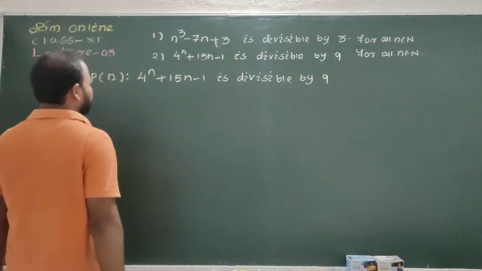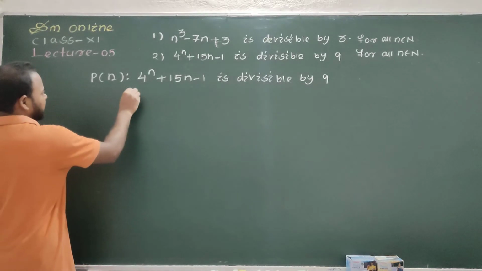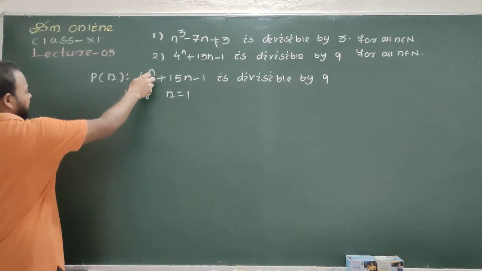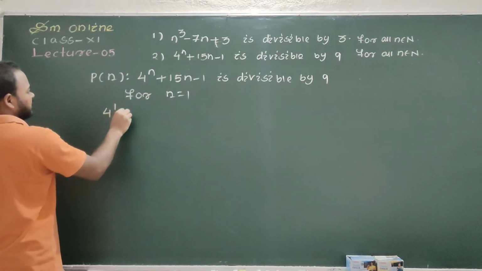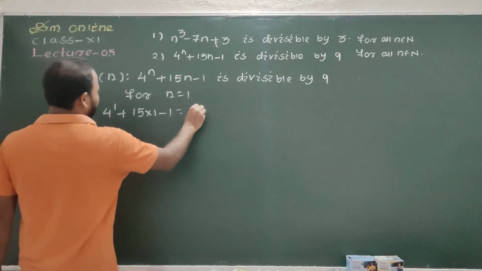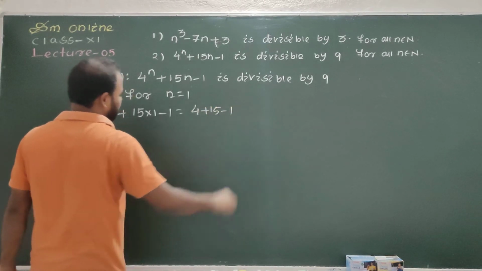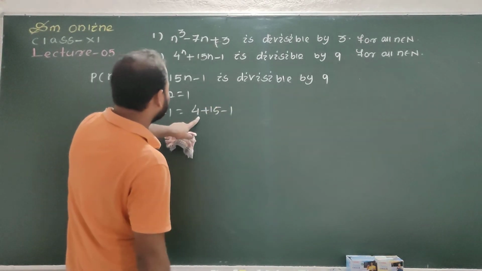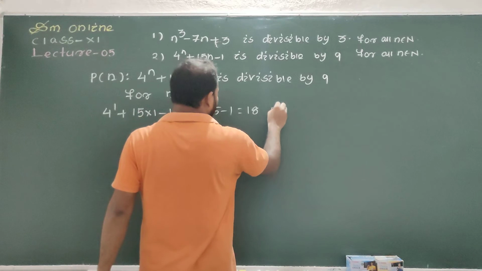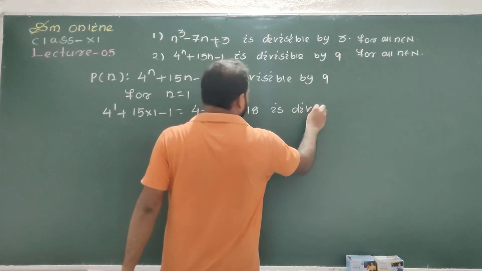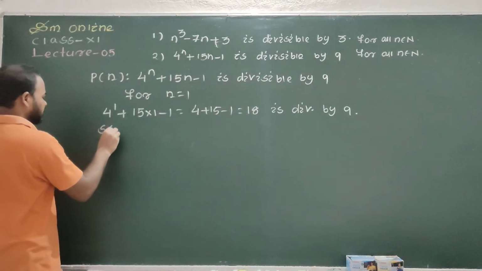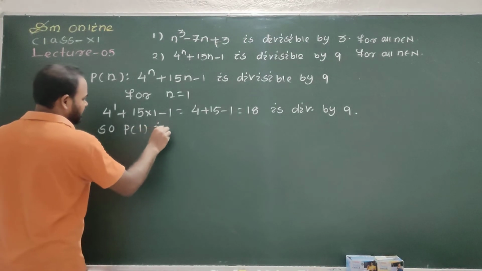For n equal to 1, we get 4 to the power 1 plus 15 into 1 minus 1, which is 4 plus 15 minus 1, which is 19 minus 1, that is 18, and it is divisible by 9. So P(1) is true.